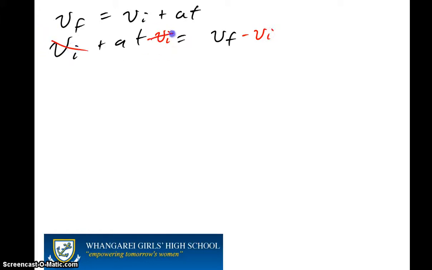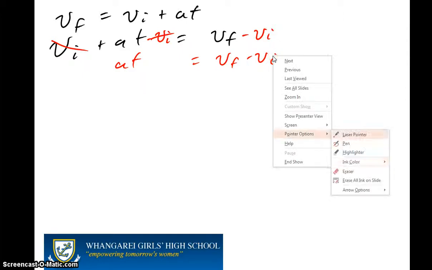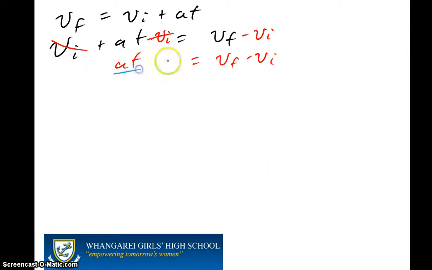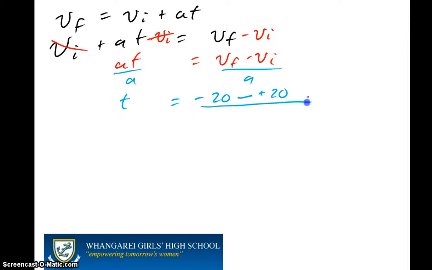So that cancels with that, and then we can have AT is equal to VF minus VI, and we can then divide both sides through by the acceleration. So the time taken should be the final velocity, which is negative 20, minus the initial velocity, which is positive 20, all divided by the acceleration, which is negative 10. We get negative 40 divided by negative 10, which is 4 seconds in total.